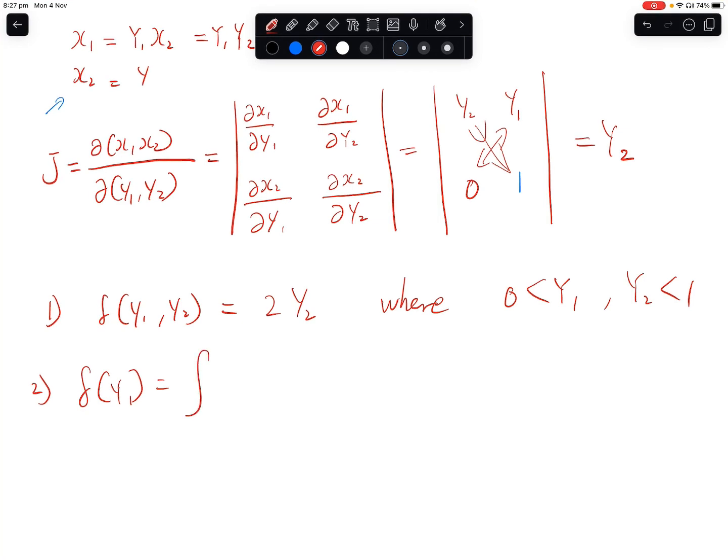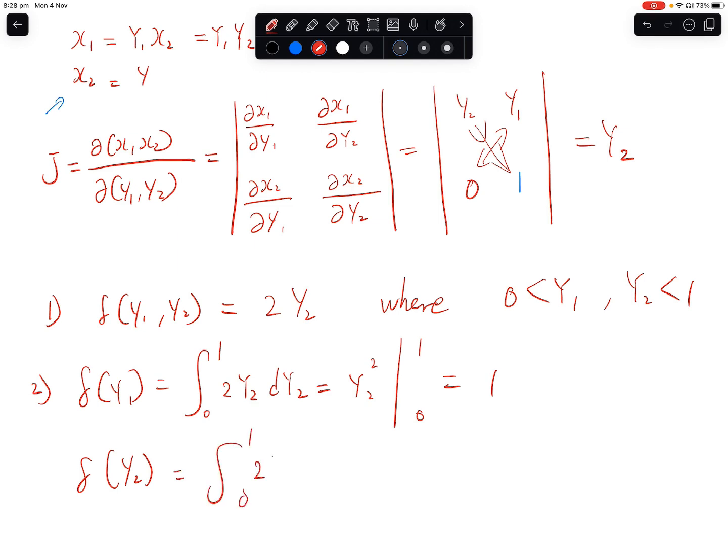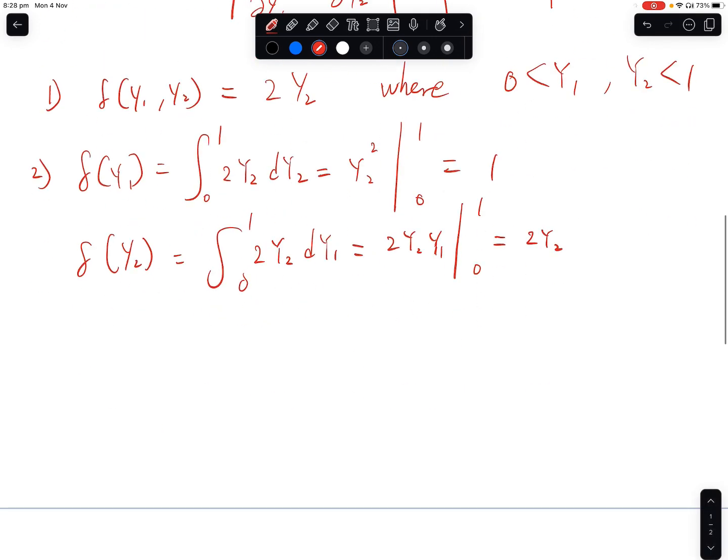Y2 first: we integrate 2 times Y2 with respect to Y1 from 0 to 1, which gives 2 times Y2 times Y1 evaluated from 0 to 1, and finally we get 2Y2. So this is part B.